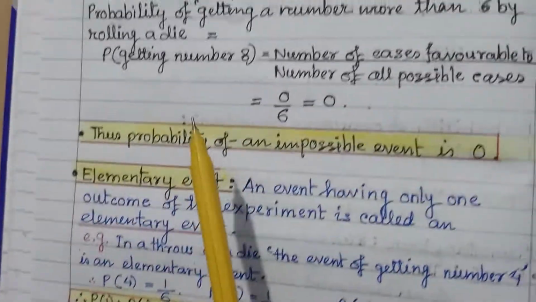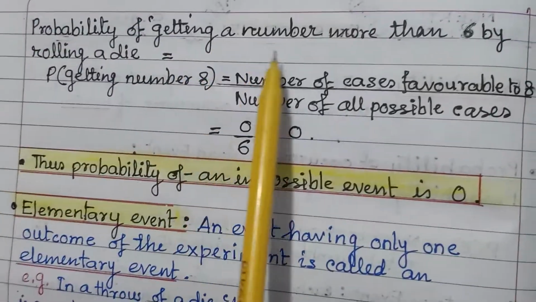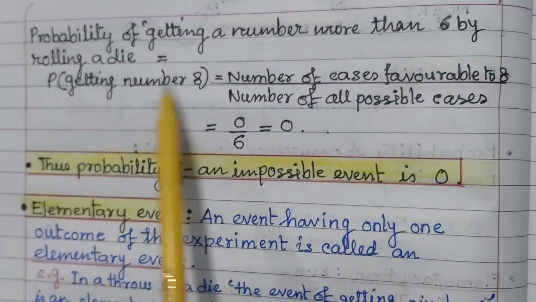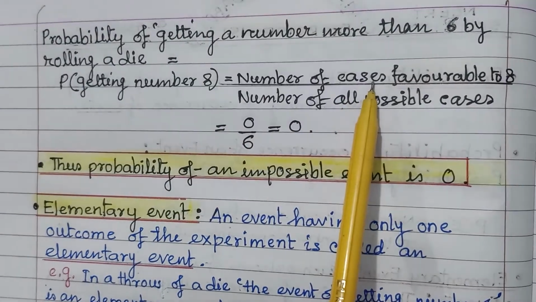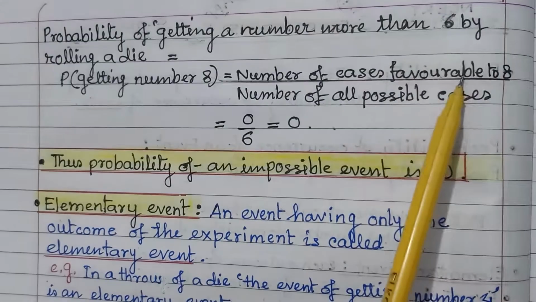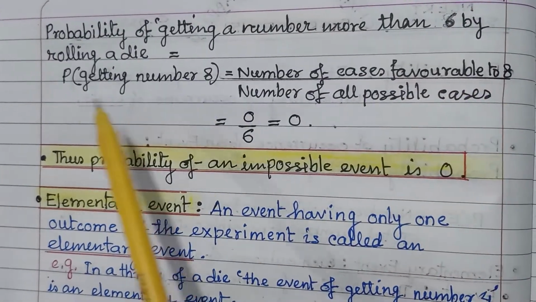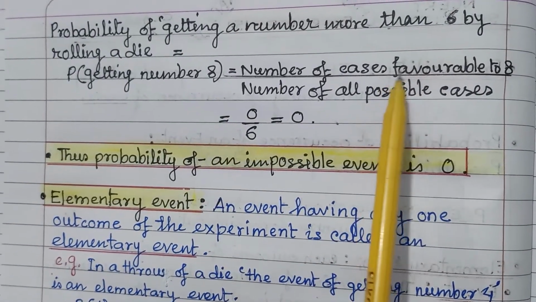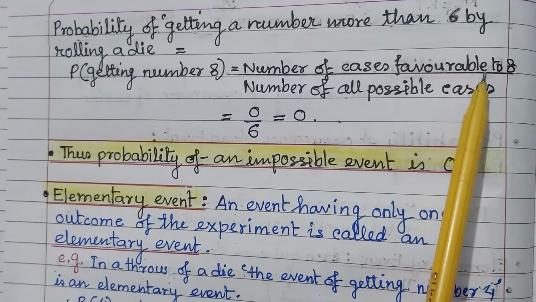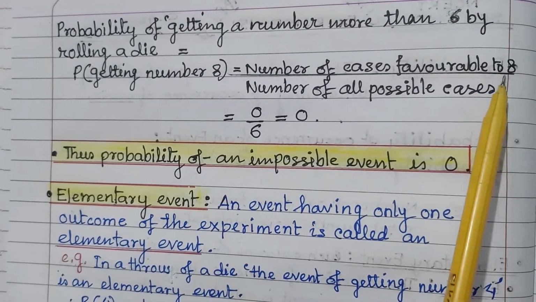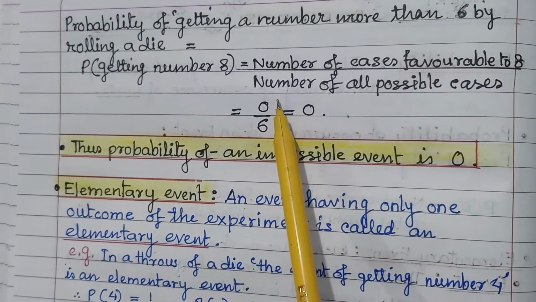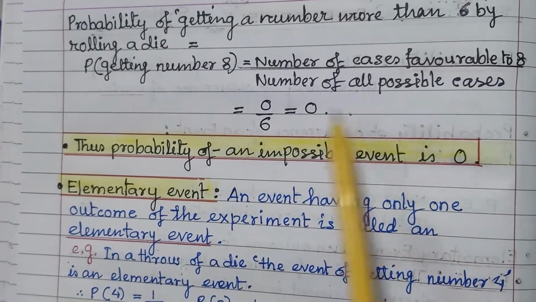The probability of getting, say, 8: the number of cases favorable to 8 is 0, since there is no such number, and the number of all possible cases is 6.